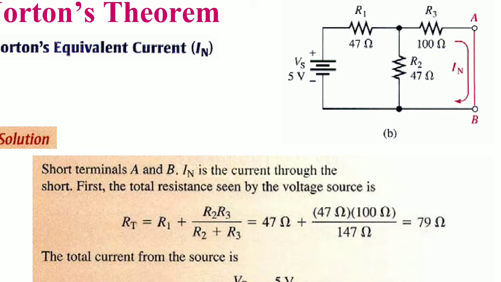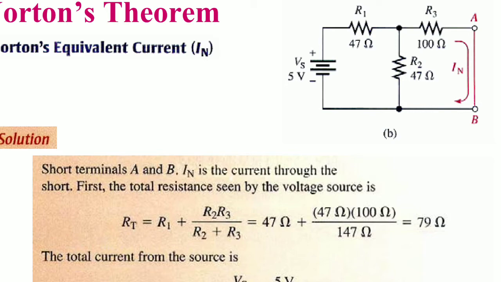First remove the load resistance RL and terminals A and B, so we are seeing the circuit from the A and B terminals, and then Vs is 0. It is nothing but deactivating the voltage source, that means the voltage source is short circuited.